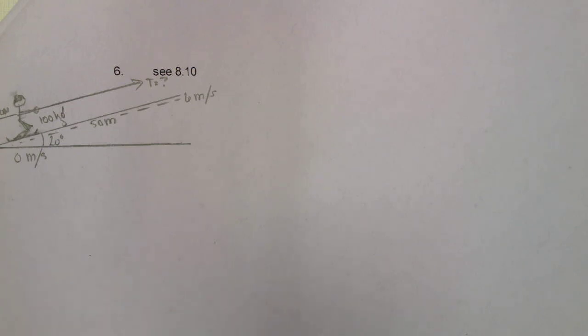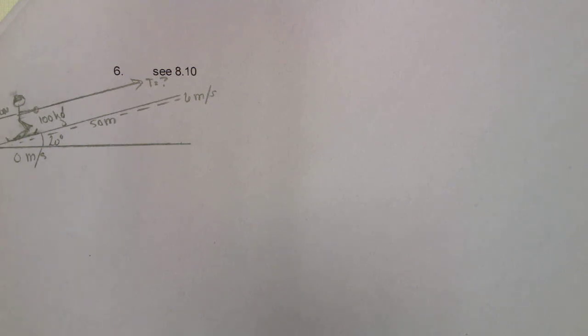The skier's speed is 0 at the bottom and 6 meters per second at the top. The hill is 50 meters long, and a 150 Newton friction force opposes the skier's motion. Calculate the average tension on the cable pulling the skier.